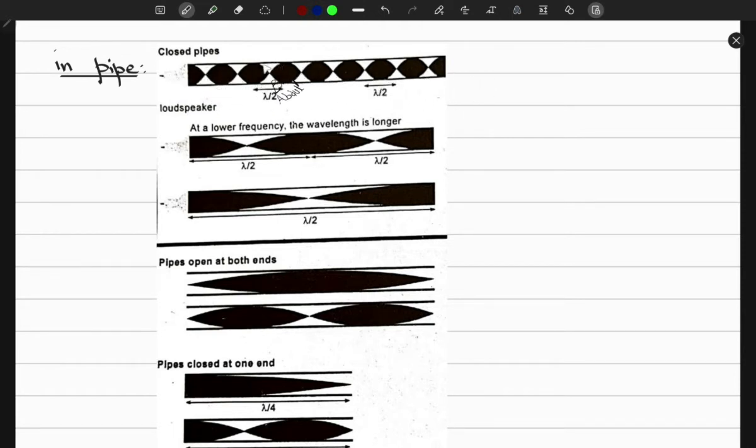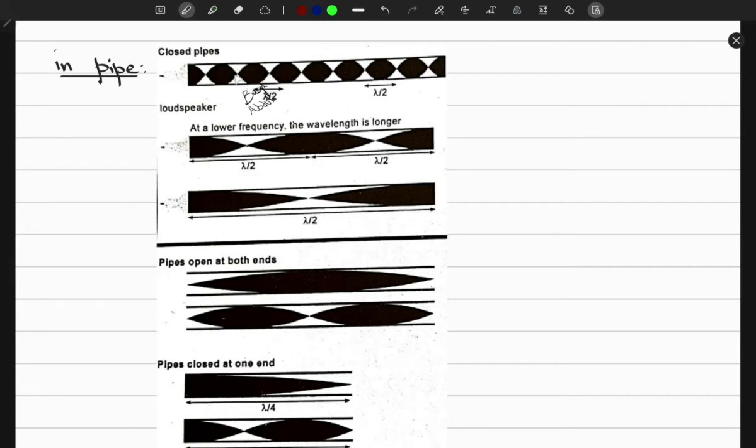If I place some dust in this tube, the dust can show where we have nodes and antinodes. Now, nodes are a half wavelength apart, as we saw, and so the antinodes are also half a wavelength apart.